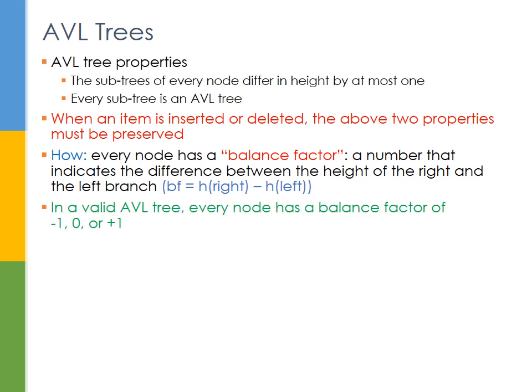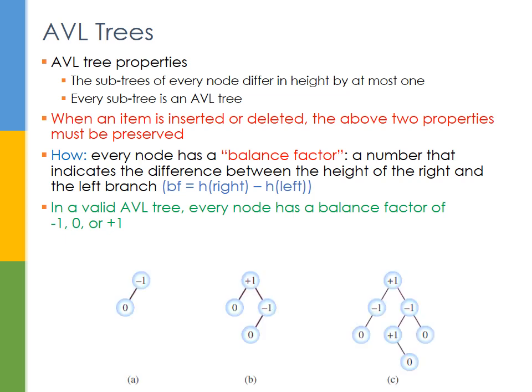So what this then means is in a valid AVL tree, every node must have a balance factor of either -1, 0, or +1. Any balance factor that is larger in the negative or positive direction will then indicate an unbalanced tree. So let's look at what these balance factors would look like in some real trees. Over here we have a simple tree.